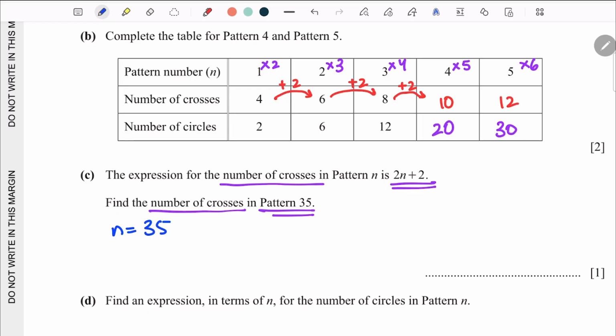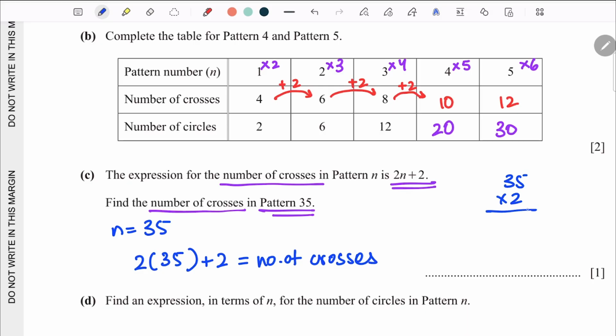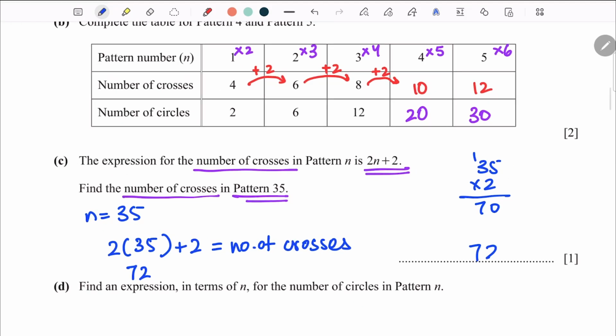So I'm going to put the value of n into this formula. 2 into 35 plus 2 is equal to the number of crosses. 2 into 35: 2 into 5 is 10, 2 into 3 is 6, plus the 1 carried, that is 70. 70 plus 2 is 72. So the final answer will be 72.